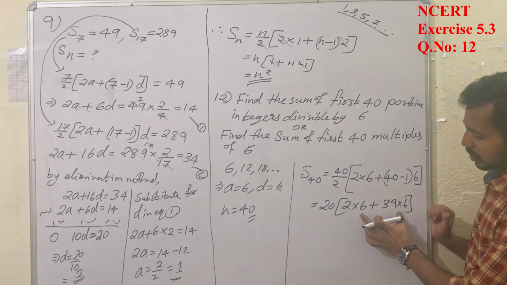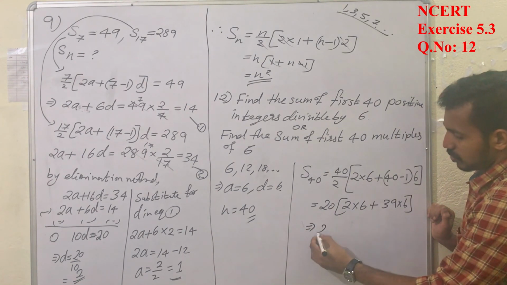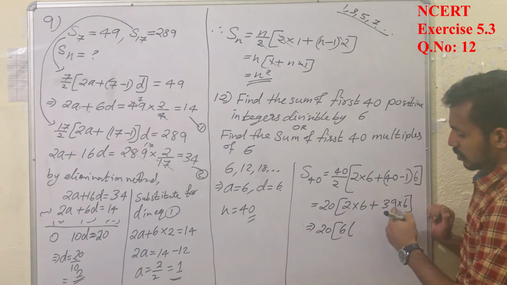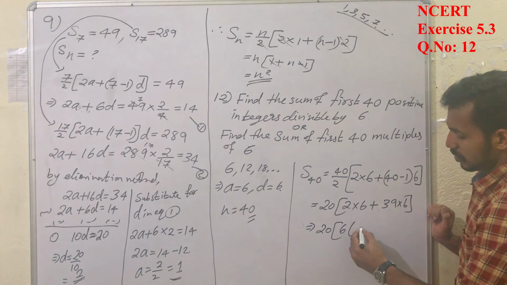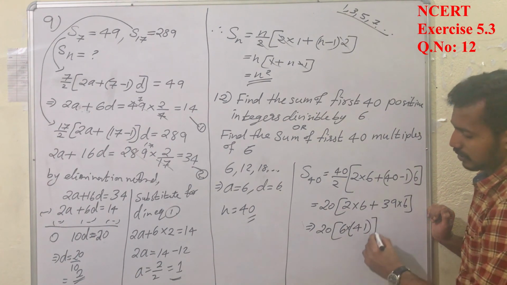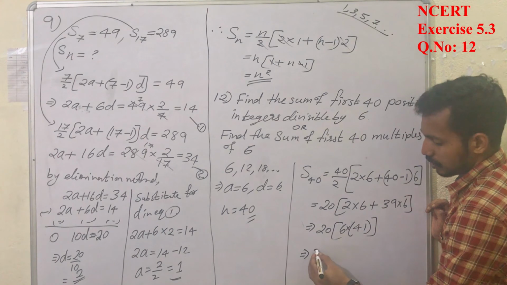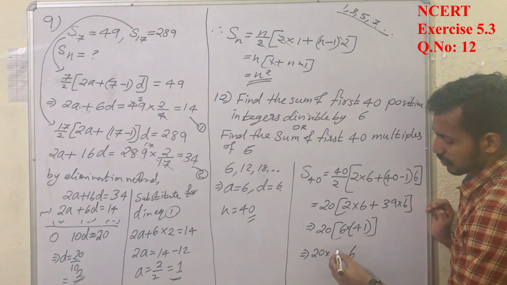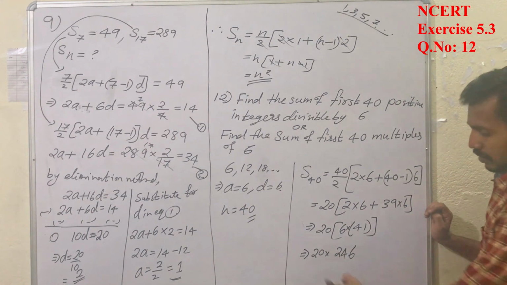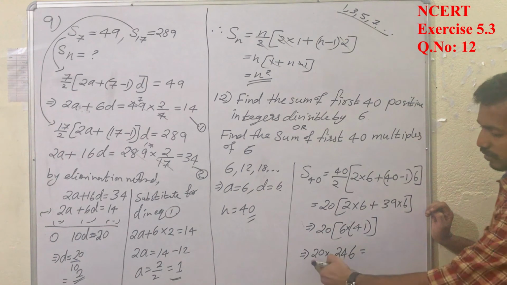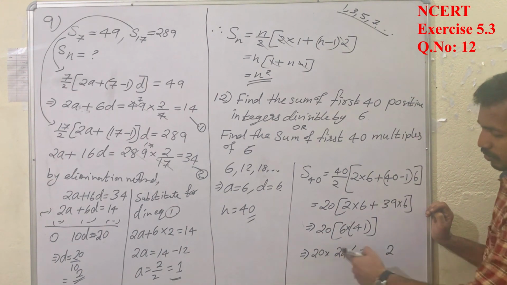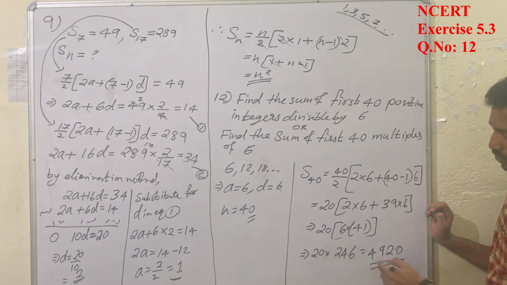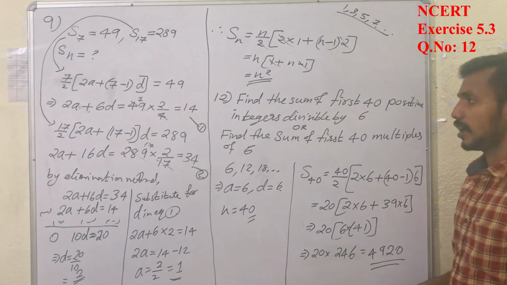Here 6 is common, so 20 into 6 into 2 plus 39, that is 41. That implies 20 into 6 into 41, which is 120 into 41, that is 4920. That is the answer.